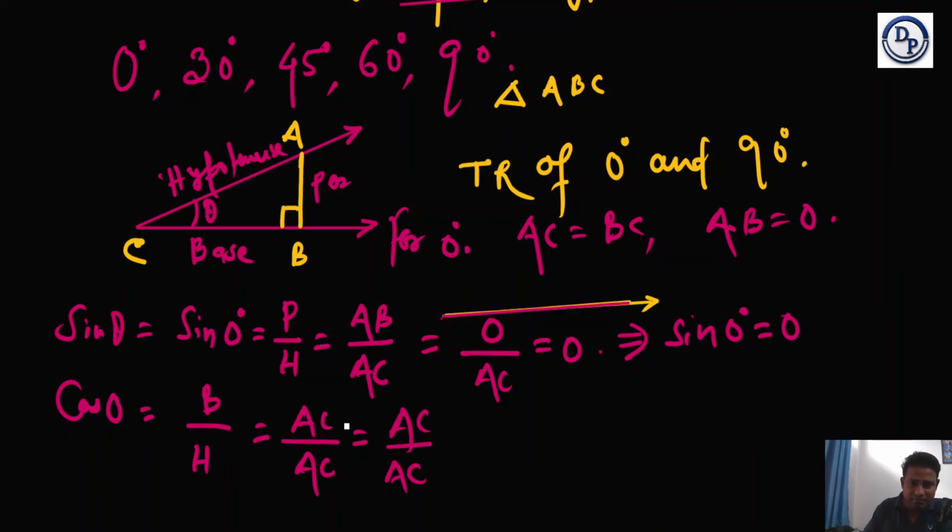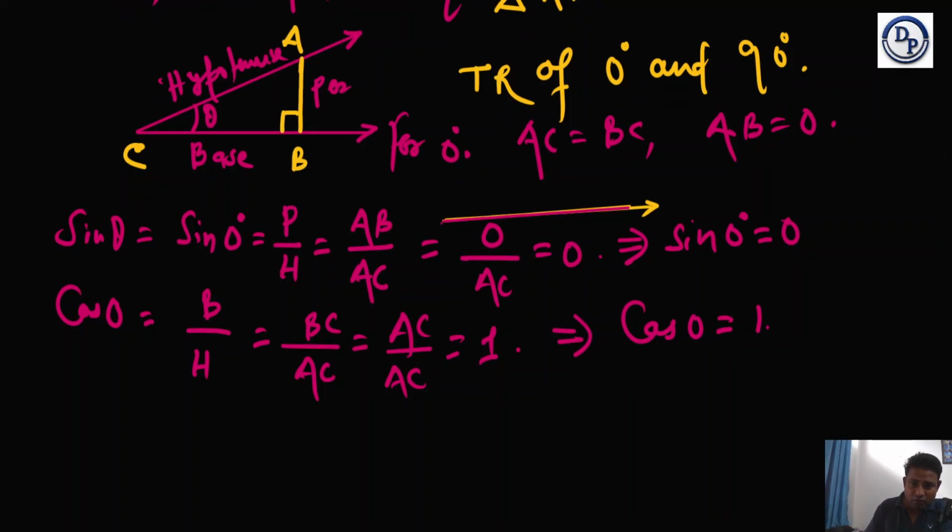We can write BC here, not AC. So it is BC by AC, and we can write BC equal to AC for 0 degrees. So this cancels and gives us 1. So from here we get the idea that cos 0 is 1.